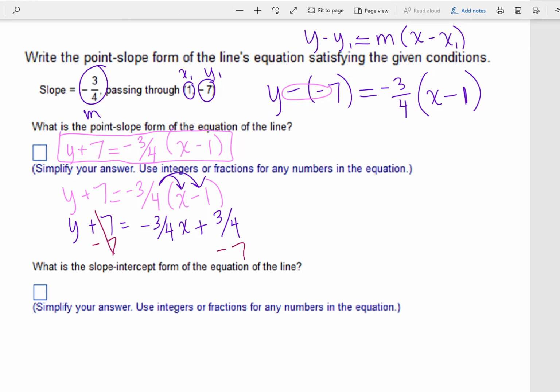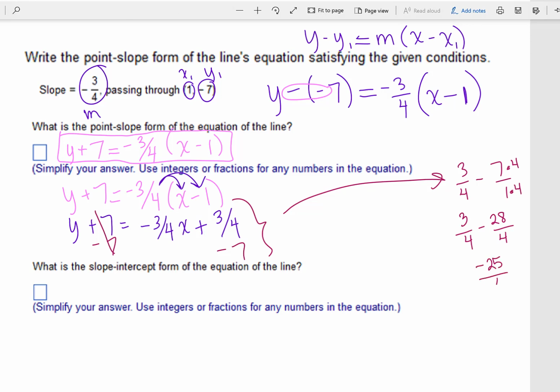If I was to go ahead and do the math of this over here, 3/4 minus 7 over 1, I'm going to multiply that denominator by 4, so that I can now subtract in my numerator, and I get -25/4.